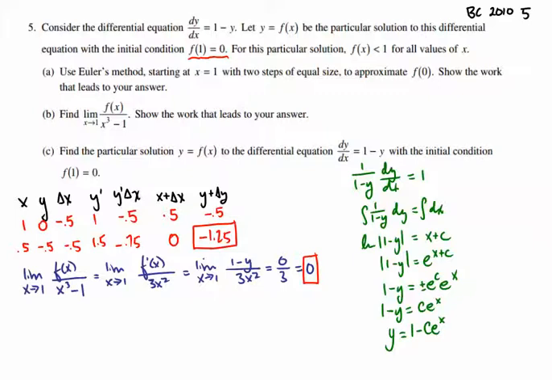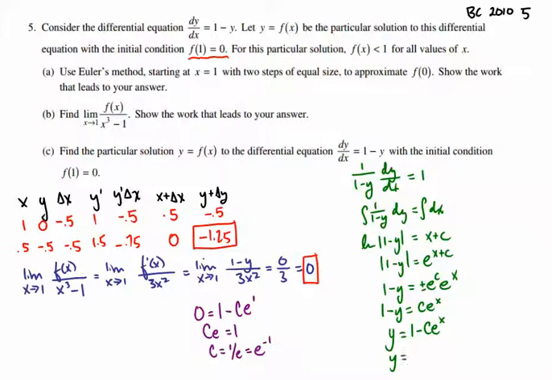At this point, we can use the initial condition that x is 1 and y is 0. So when x is 1, y is 0, and we would end up with c times e is equal to 1, so that c is equal to 1 over e, or e to the negative first.